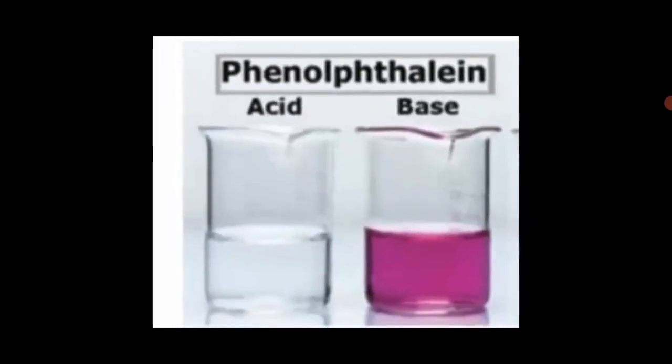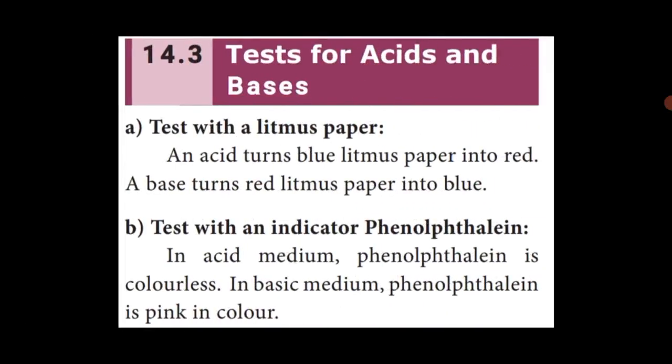The second beaker contains base. When a few drops of phenolphthalein are added to the base, it changes into pink color. So the second beaker contains base. In acidic medium, phenolphthalein is colorless. In basic medium, phenolphthalein is pink in color.